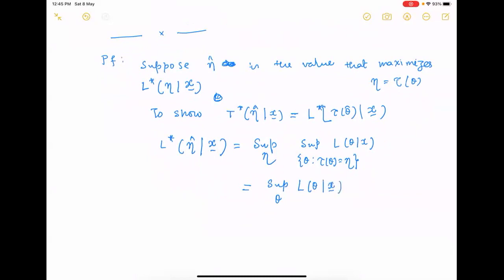Now you can ask me, how can I make this jump from here to here? Can anybody guess? This is effectively L theta hat given x tilde, but from this step to this step, how can I do that?